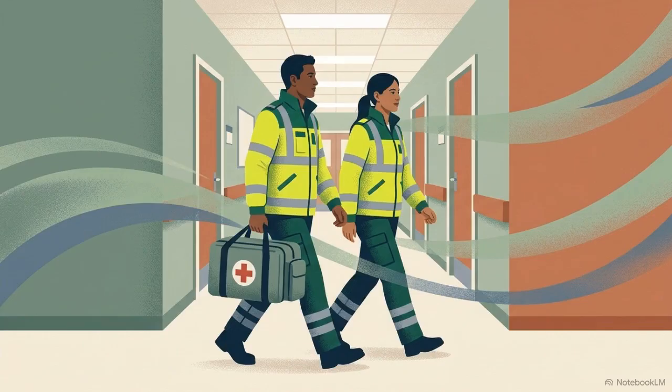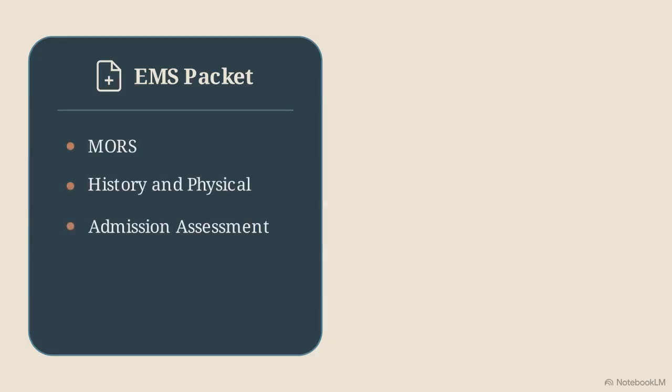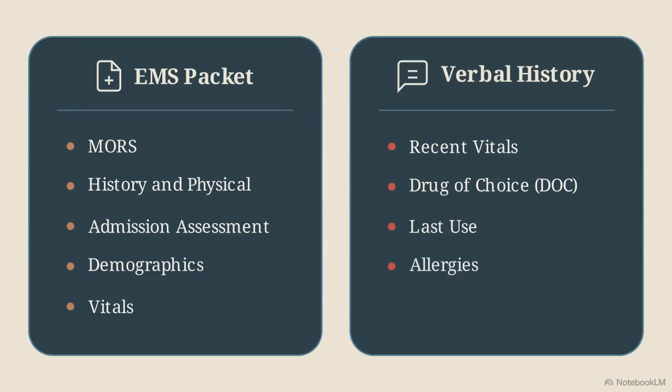When the paramedics arrive, your role shifts. EMS requires concrete facts and documentation to safely treat the client, rather than panic or guesswork. Compile these documents for EMS: the MORS, history and physical, admission assessment, demographics, and vitals. Also deliver a rapid verbal history: recent vitals, drug of choice, last use, and allergies.